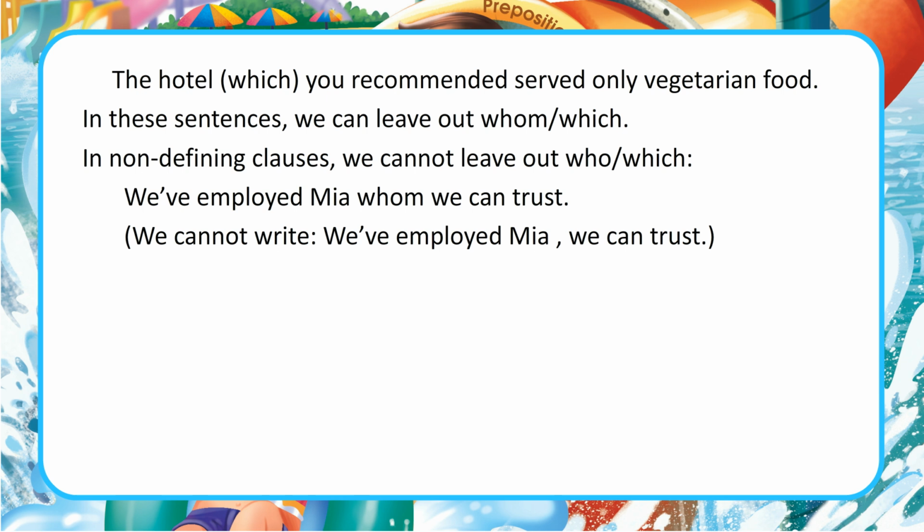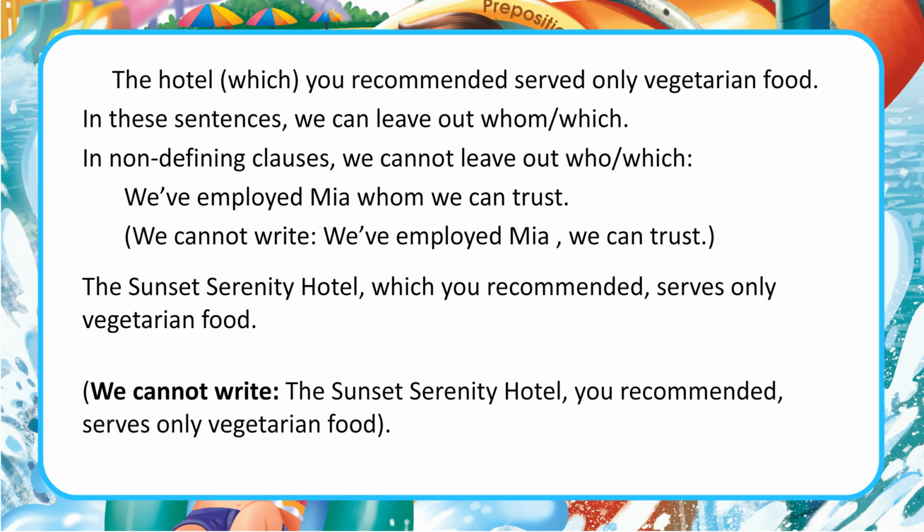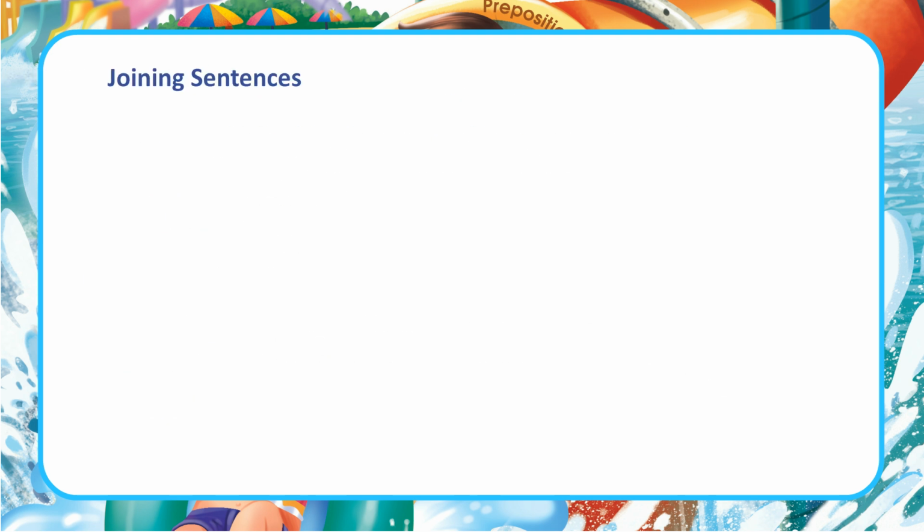We have employed Mia, whom we can trust. We cannot write, we have employed Mia, we can trust. The Sunset Serenity Hotel, which you recommended, serves only vegetarian food. We cannot write, the Sunset Serenity Hotel, you recommended, serves only vegetarian food.